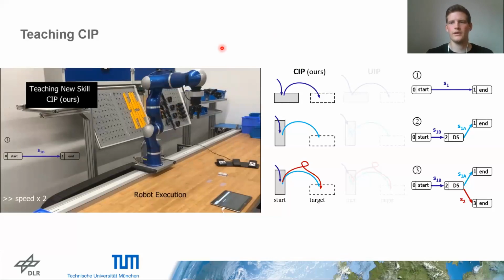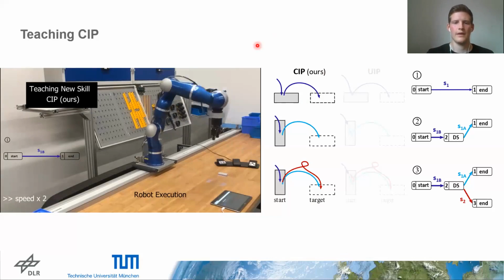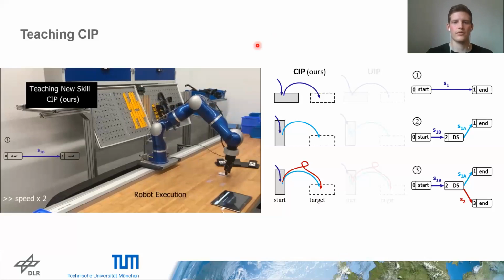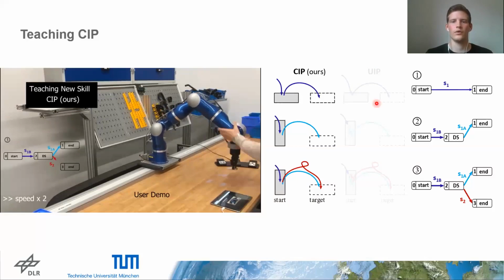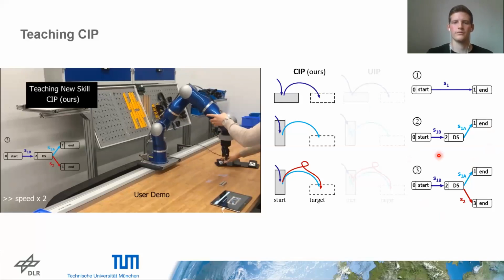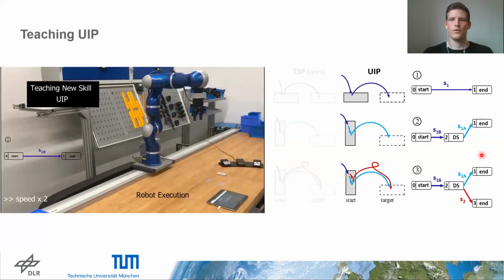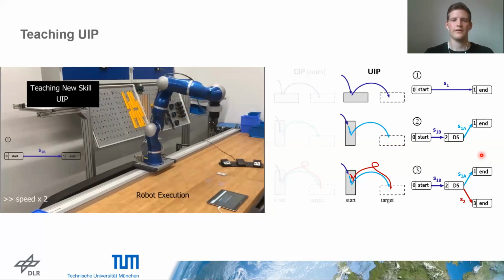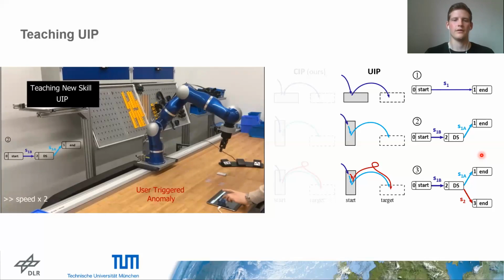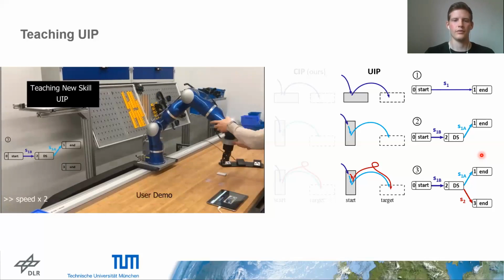And here for the teaching with our method, we assume that the user has already demonstrated the initial skill. And then during the execution of that skill, the robot detects an anomaly and collaborates with the user in order to solve this situation and to update our task graph. Whereas for the third method, the user has to observe the robot during the execution and decide when to demonstrate a new skill when he observed an anomaly.